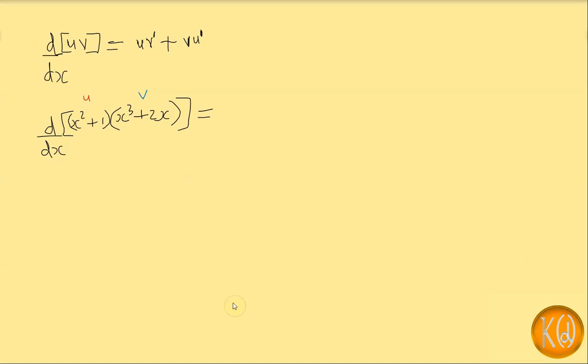So we can say the first times the derivative of the second. So let's write the first, which is x squared plus 1, in brackets, times the derivative of the second, which is v. Now the derivative of v here, and v is x cubed plus 2x, would be 3x squared plus 2. Good.